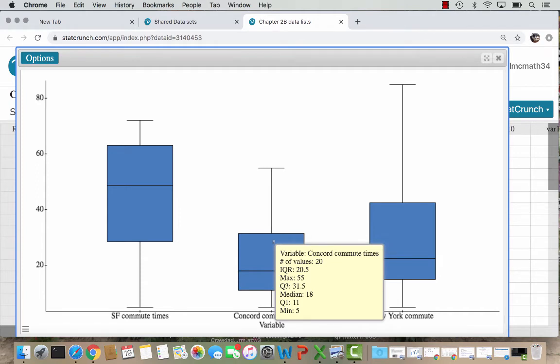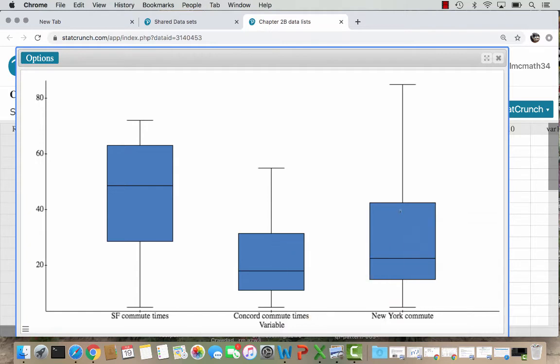The IQR for Concord is a lot smaller, and when we compared the center boxes visually, we could see that. So the IQR for Concord, the length of this middle box, is 20.5 minutes, and we could calculate that by saying 31.5 minutes subtract 11 minutes. Q3 subtract Q1. We also see the maximum for Concord is 55 minutes.